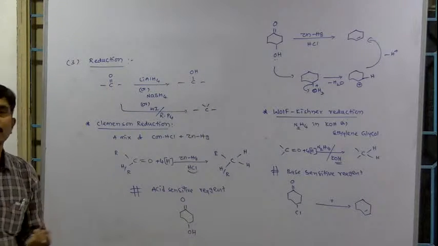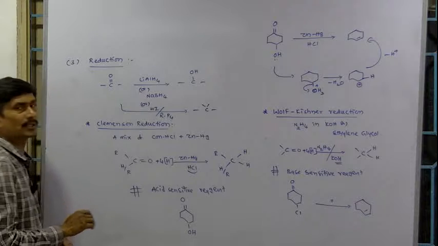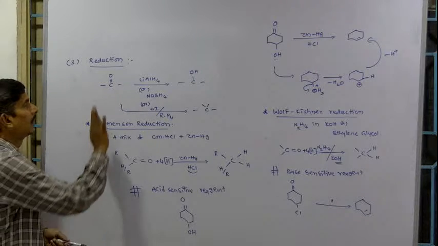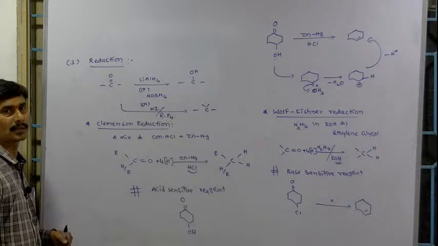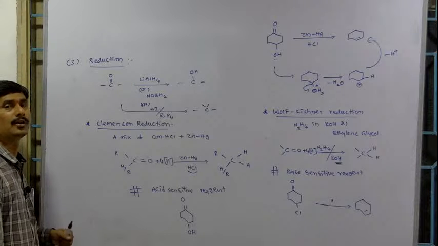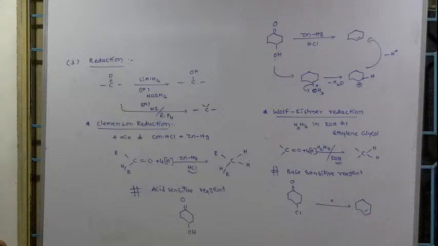By using DIBAL-H as well as lithium tri-tertiary butoxy aluminum hydride, those are also metal hydrides, but compared to LiAlH4 they are weak in nature, so they cannot reduce the carbonyl compounds further into alcohol. They reduce acid derivatives, stopping at the carbonyl compound.